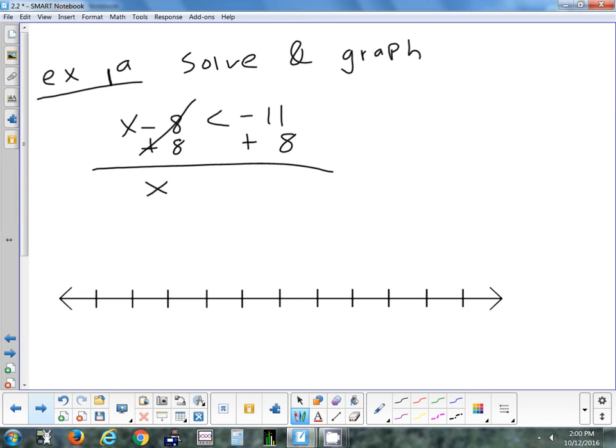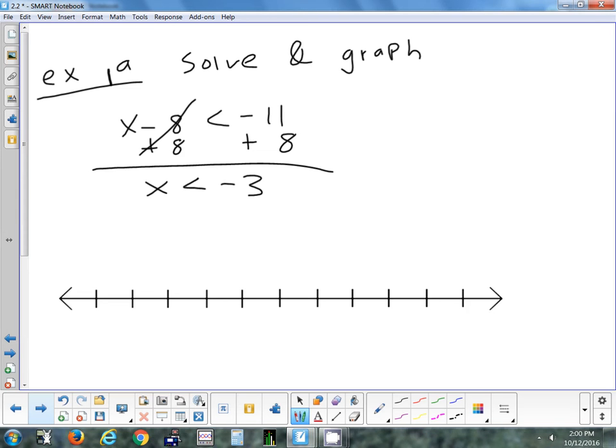My trick is the less than kind of looks like an L. It's bent in a little bit. You know what I mean? So it's almost like an L. So less than. And -11 plus 8. How about Sabrina? What's -11 plus 8? -3. Good.